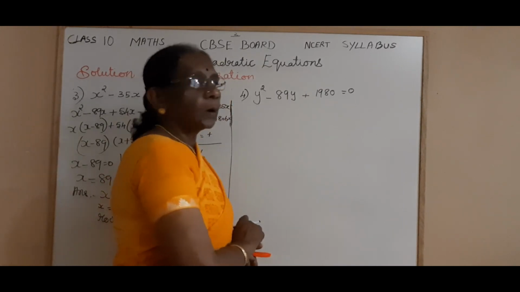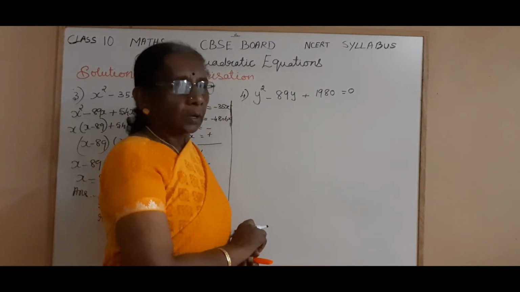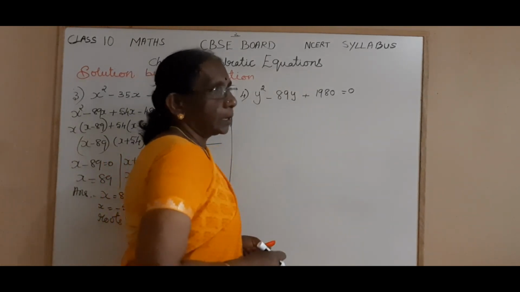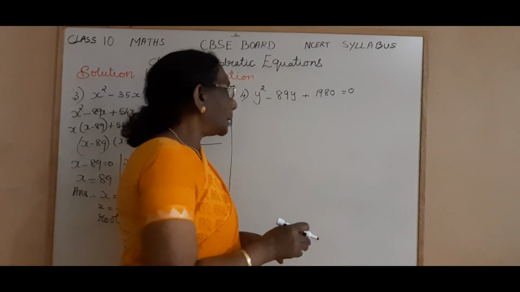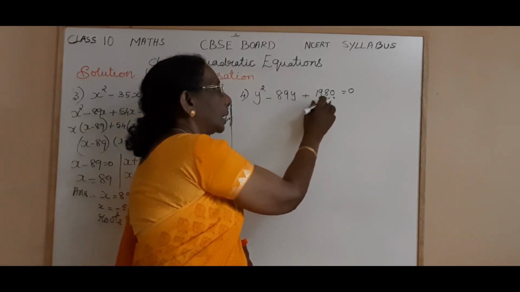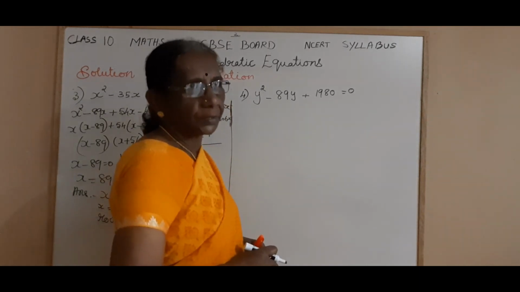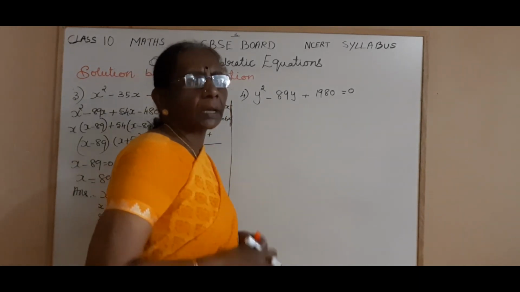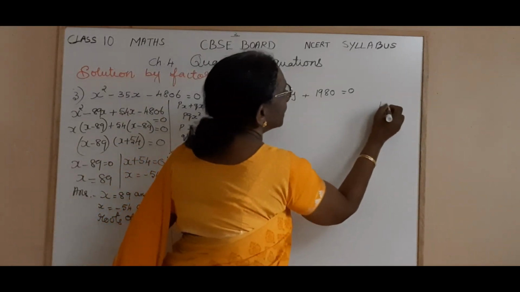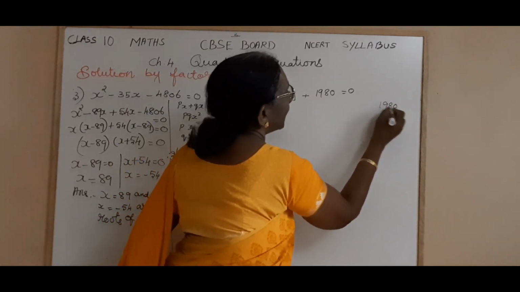Okay, now we have to find the two split ups of 89y in such a way that when you add, you get 89, and when you multiply, you get 1980. Isn't it, children? Now without writing px, qx, let us factorize 1980.